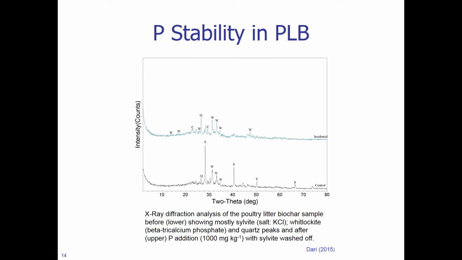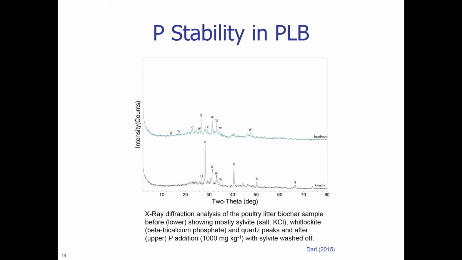Now, we have to look at the P stability in the poultry litter biochar. If you recall, the poultry litter biochar had a lot more phosphorus than the hardwood biochar. So we looked at the control, that is the bottom graph here, that is without any phosphorus additions.